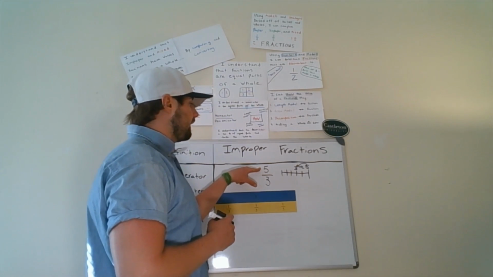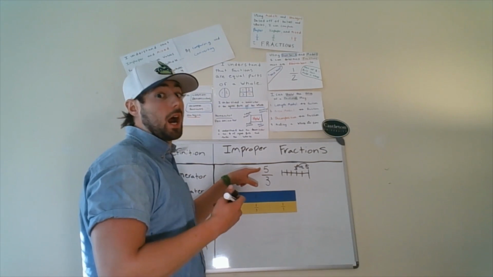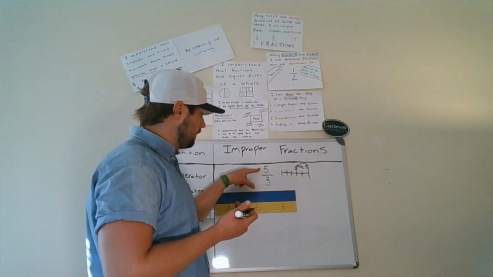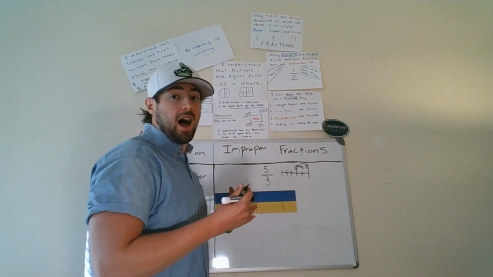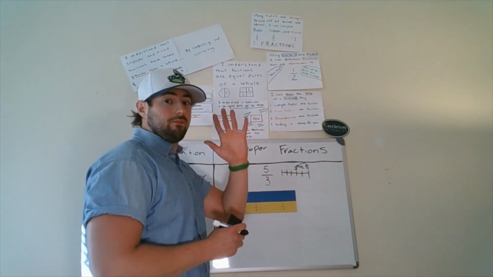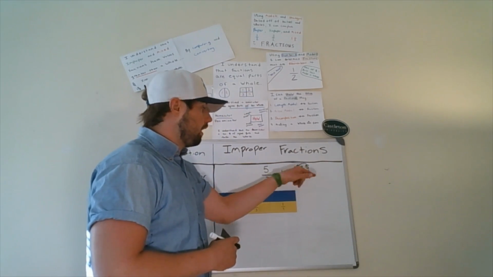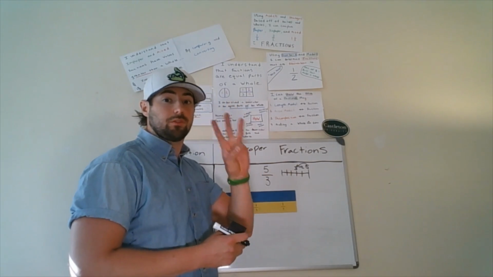But we're not talking about 3/3. We're talking greater than a whole. That's what makes it an improper fraction. We're talking about 5/3. 5 is 2 greater than 3.